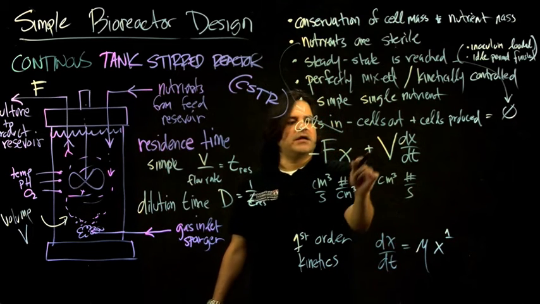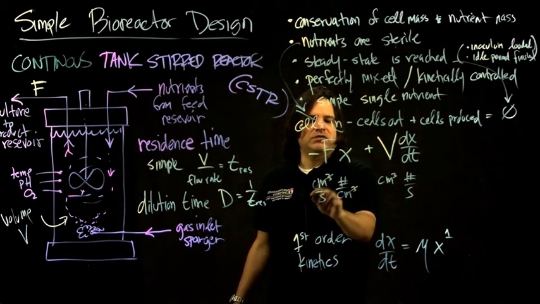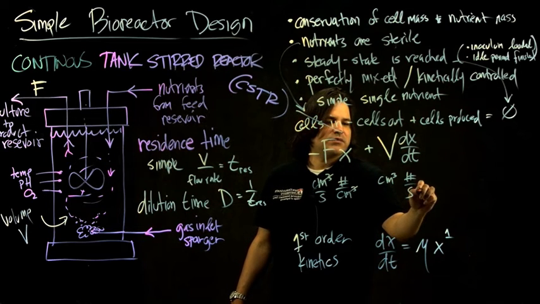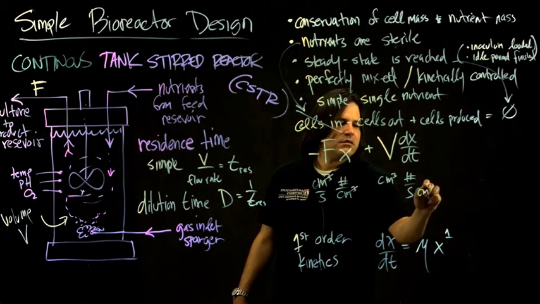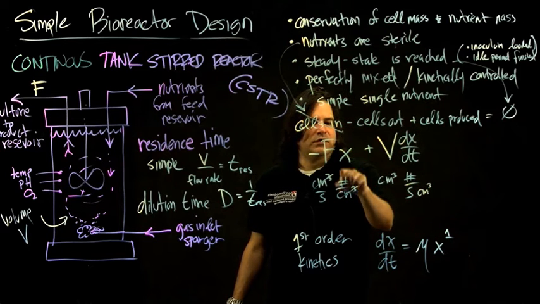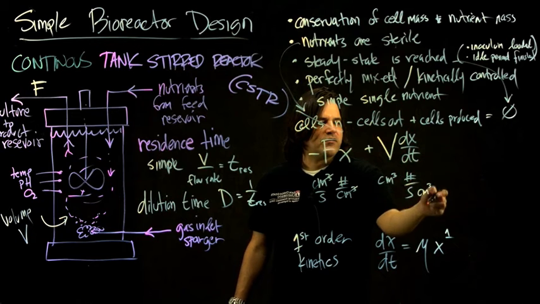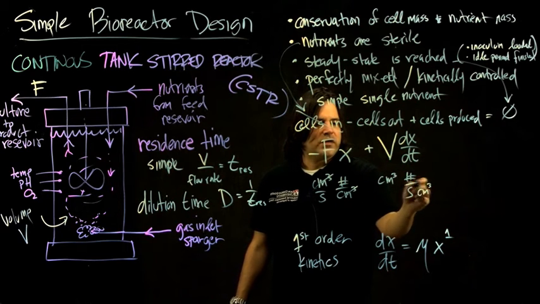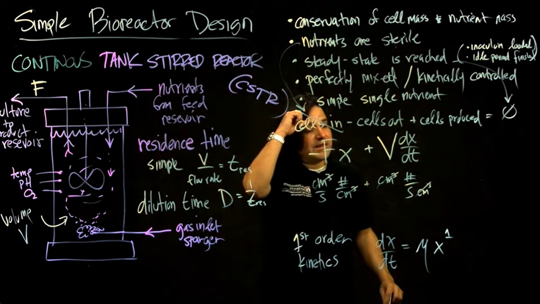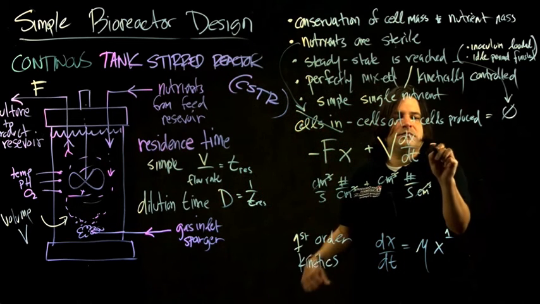So that's how this balance works. This would be the number per second. The X is per centimeter cubed. This is a concentration, so the number per volume. That would cancel out here again. And it's at steady state, so this is 0.